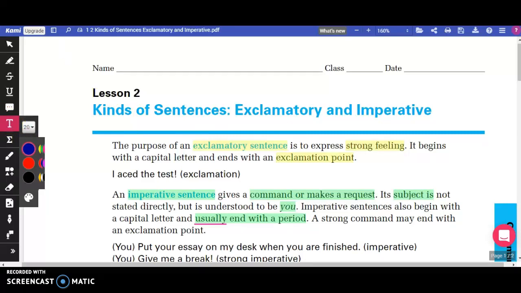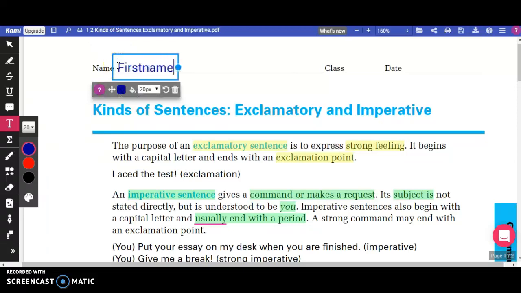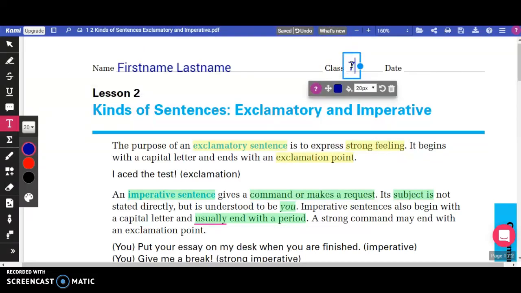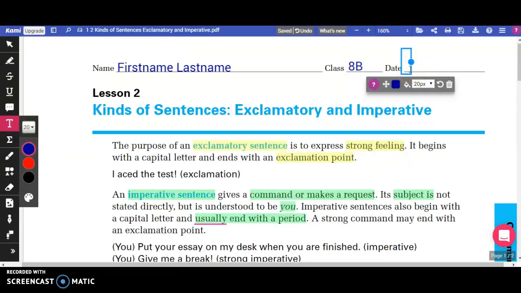When beginning this particular assignment, please be sure to put your name first and last. You need to put your class, whether it is 7A, 7B, 8A, or 8B. And then please go ahead and put the date. So whatever that date is.